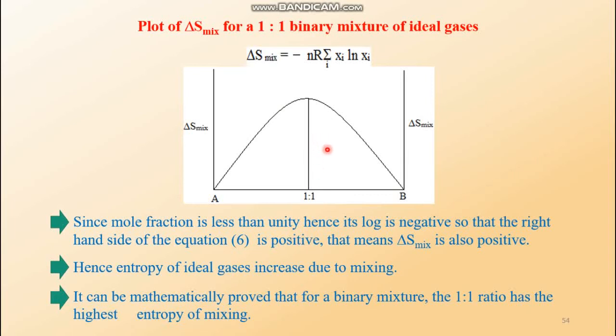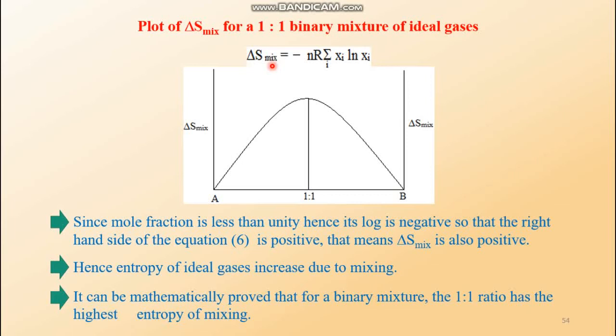In order to do that, you just take a mixture of two gases, suppose A and B. So the expression is minus NR times XA ln XA plus XB ln XB, and you just differentiate this expression with respect to the mole fraction of any one of the components, suppose XA. Then equate it with 0.